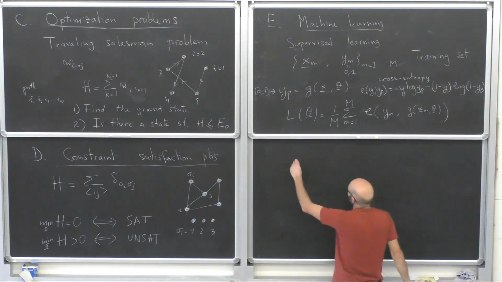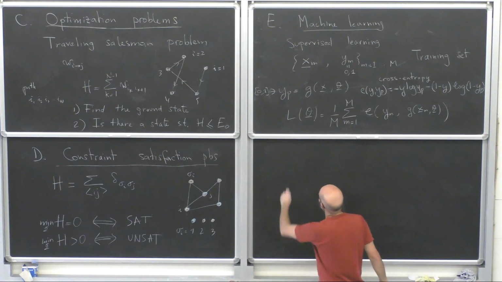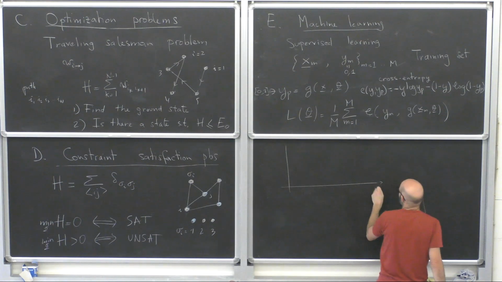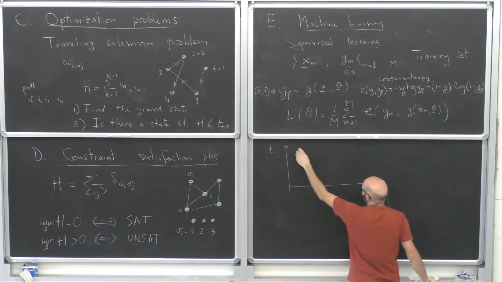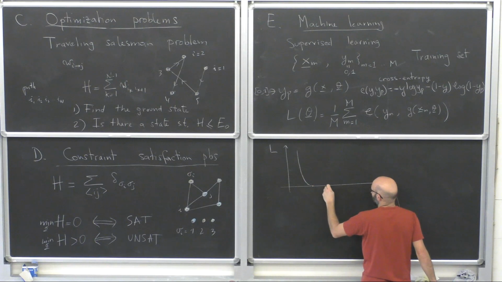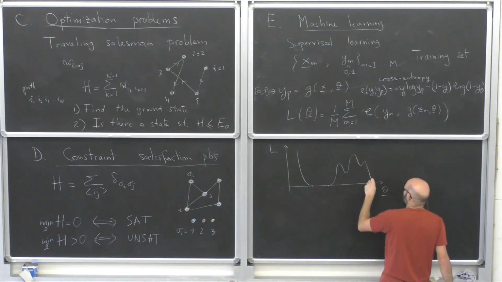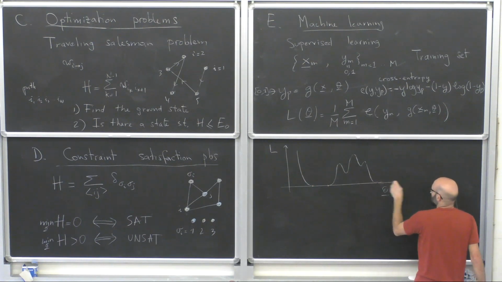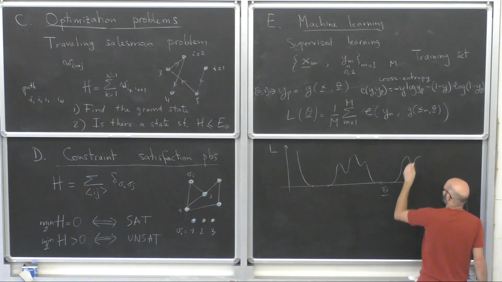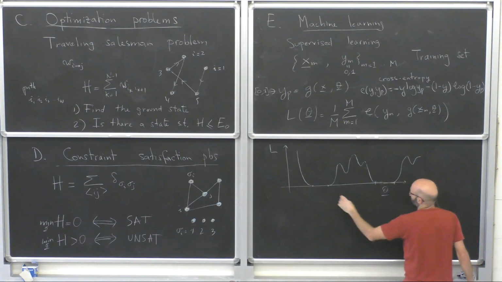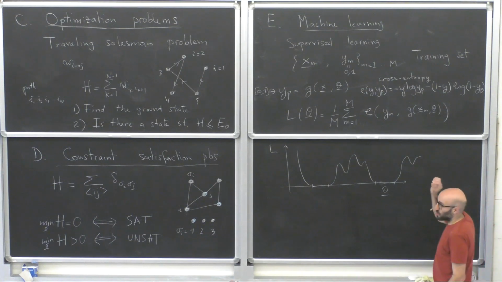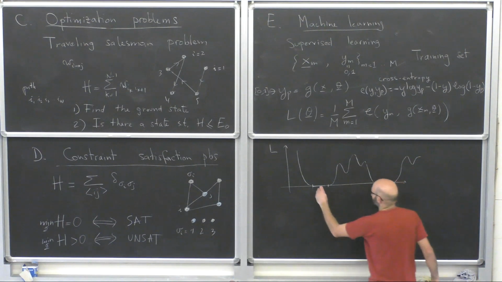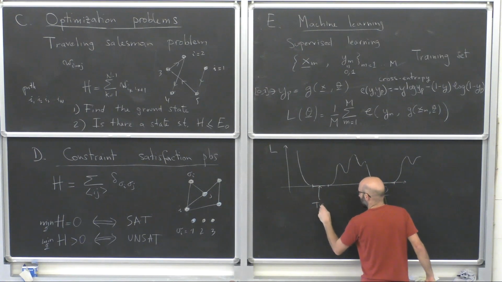So in the end, if this is the space of theta and this is the loss, this function L looks like the kind of things I drew before. When the loss is 0, it means that all your data points in the training set have been correctly classified.